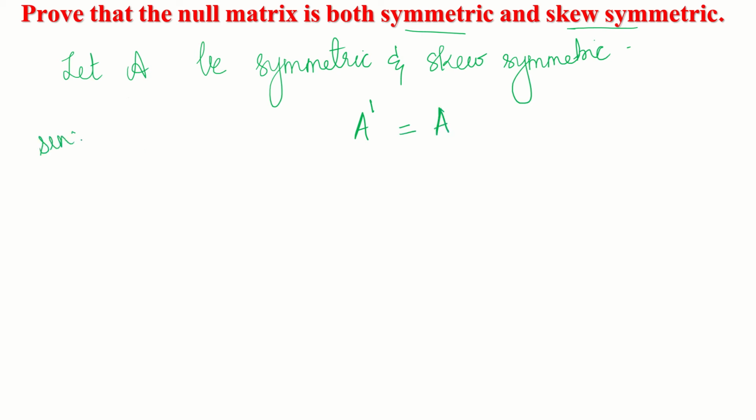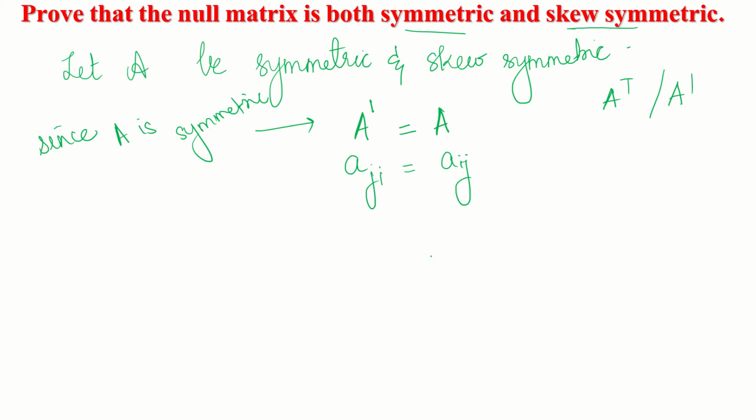The reason is, since A is symmetric, A transpose will be equal to A. AT stands for A transpose, and A transpose means we can write it as AJI equals AIJ for all I and J. This symbol stands for all.